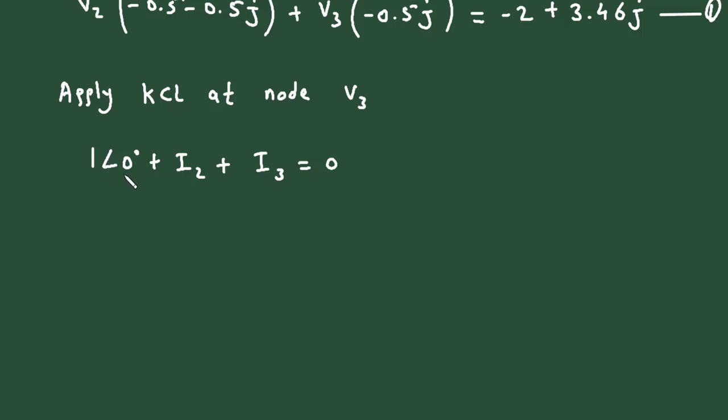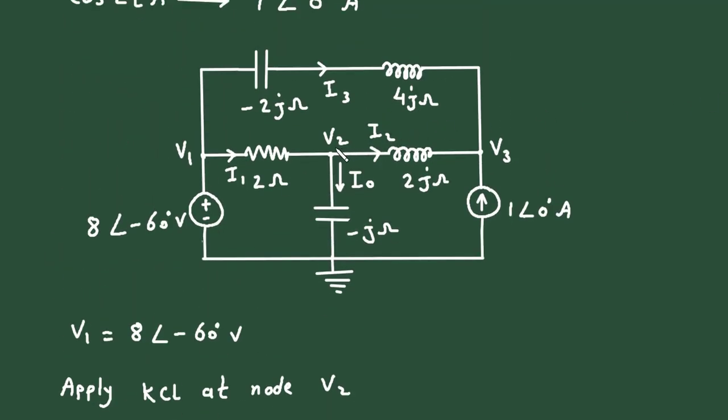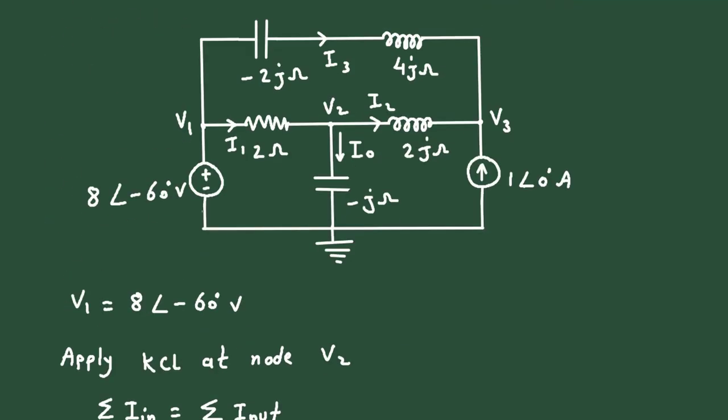Now this 1 at an angle 0 degree we can write 1 plus, now this I2 can be written as V2 minus V3 divided by 2J, then plus I3.